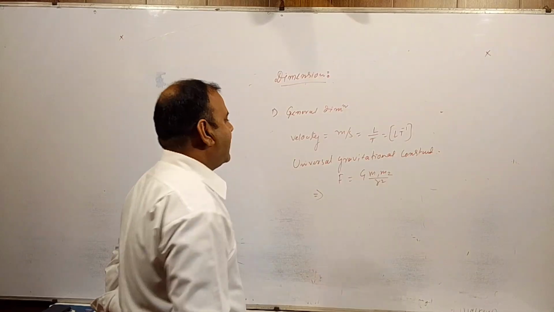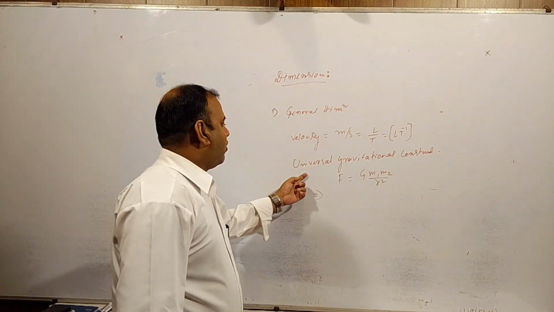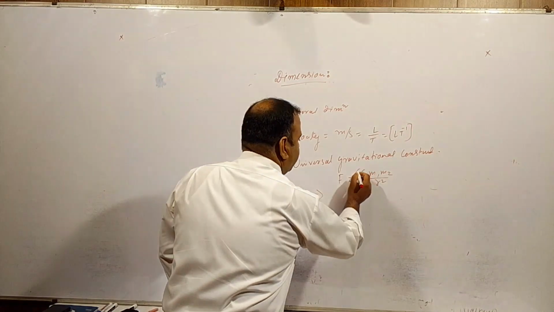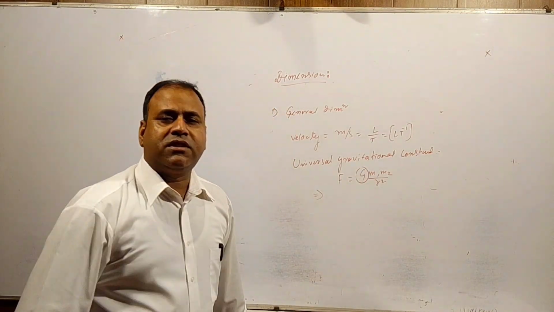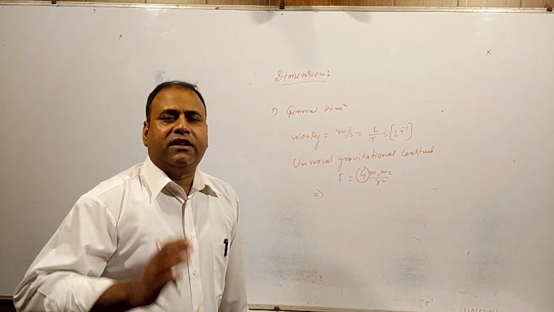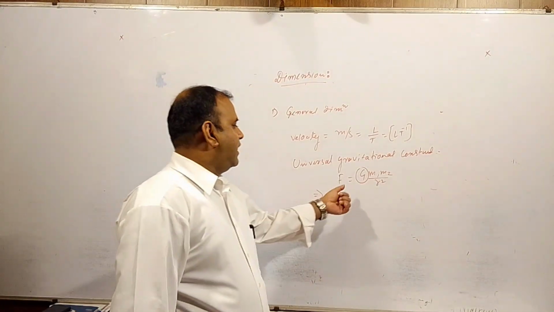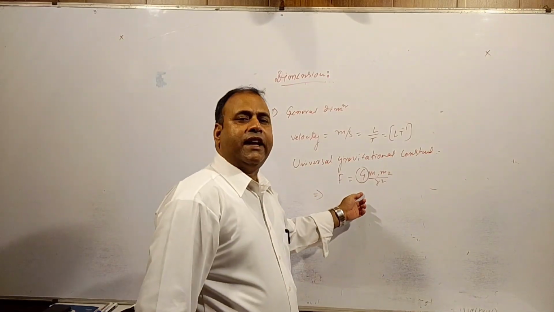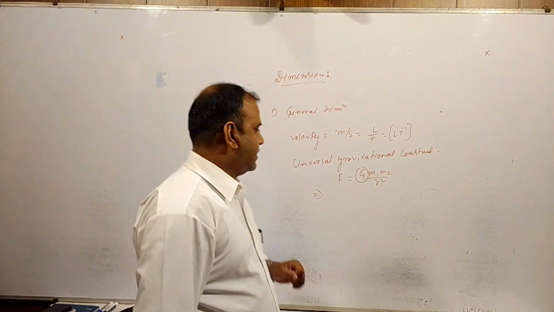We have to find the dimension of the universal gravitational constant. Why is it called the universal gravitational constant? Because the value of capital G remains the same in the universe. That is why it is known as the universal gravitational constant.